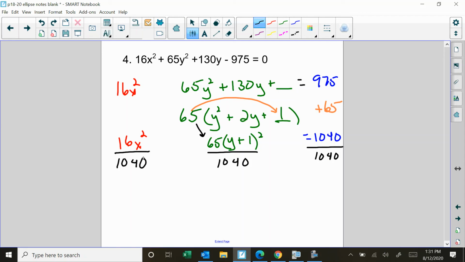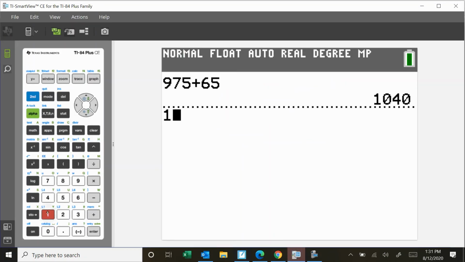Simplify those fractions. So 1,040 divided by 16 gives us 65.